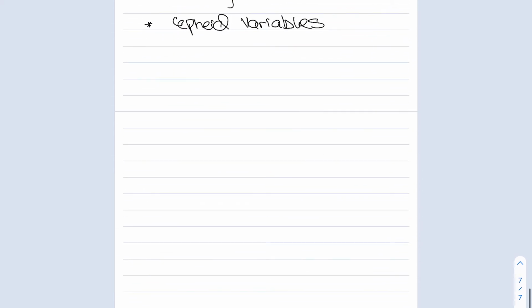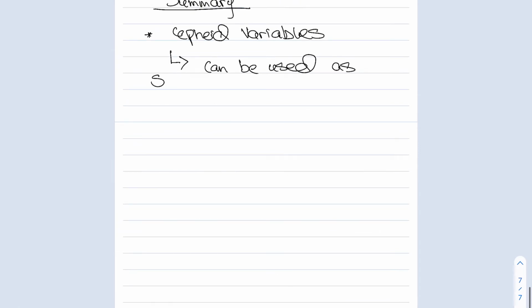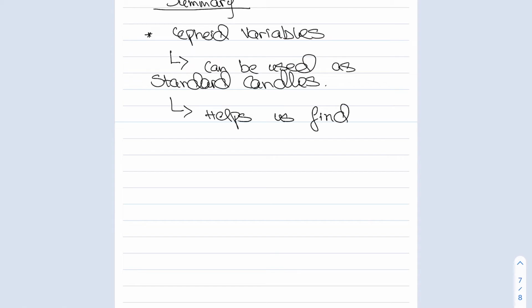We talked about how Cepheid variables can be used as standard candles, and this helps us find or measure distance to a distant galaxy.